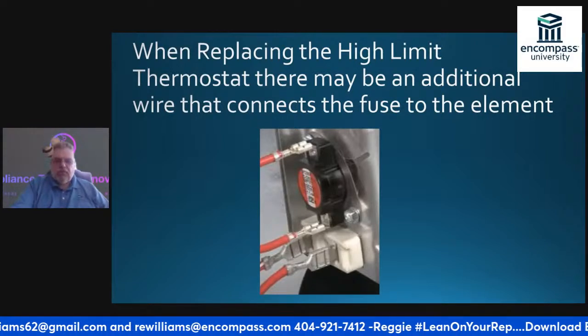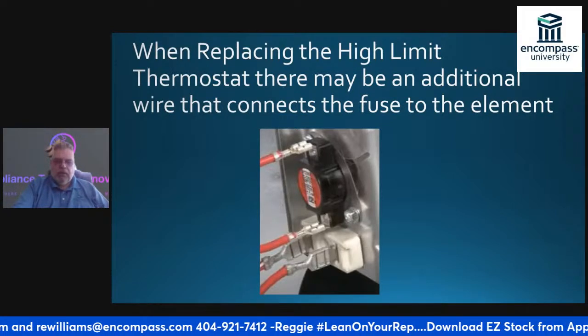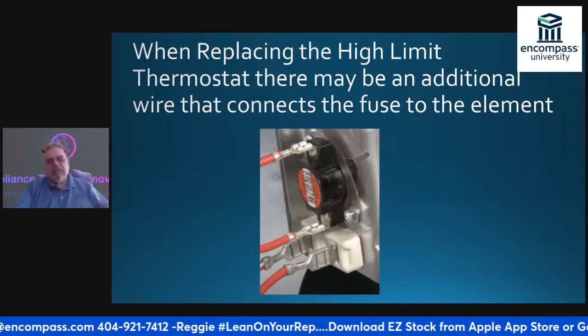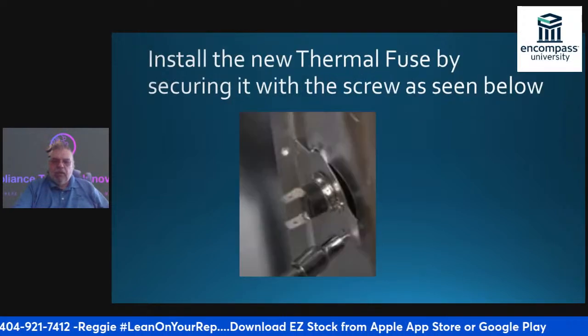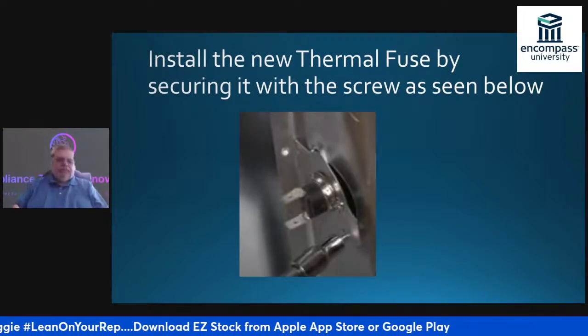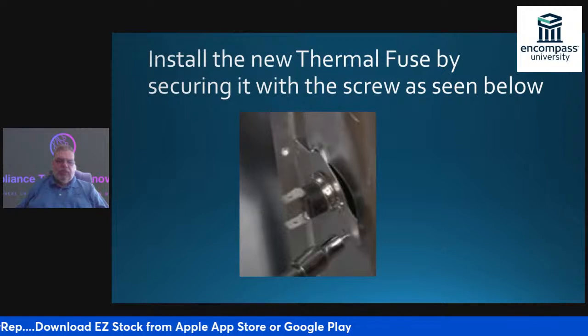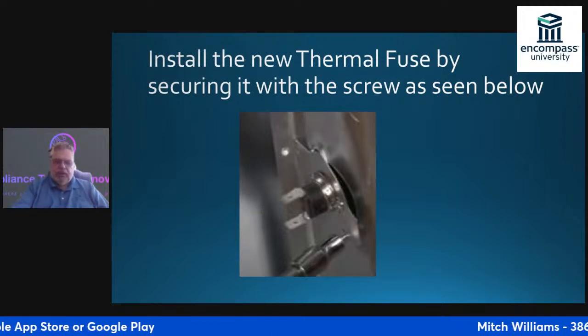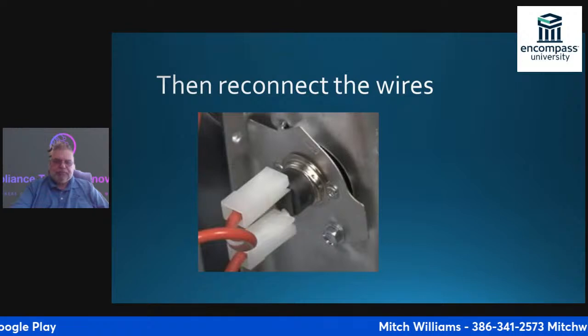This is your thermal fuse here in the center at the top, and down below is your heater. I install the new thermal fuse by securing it with the screw as you see right here.